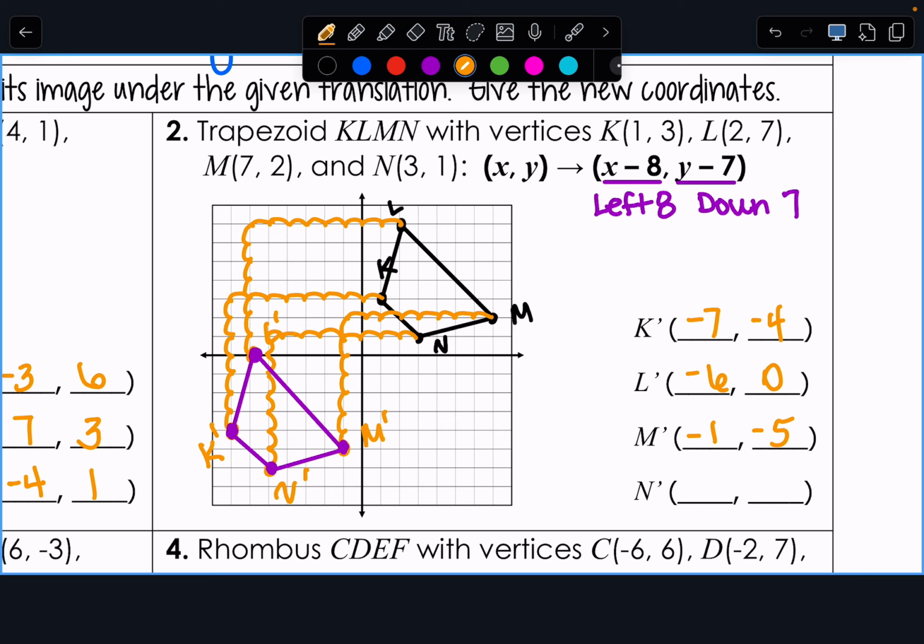Okay, and then our N coordinate right here. What's that coordinate, Landon? You didn't do it. I did. Well, I think you went one too many down. Is it negative 5, negative 6?